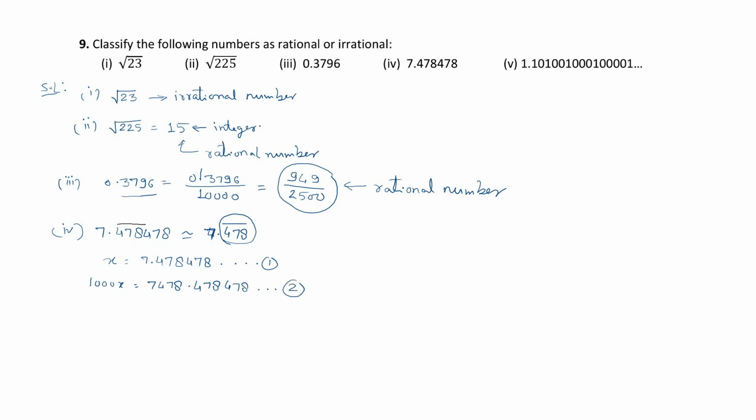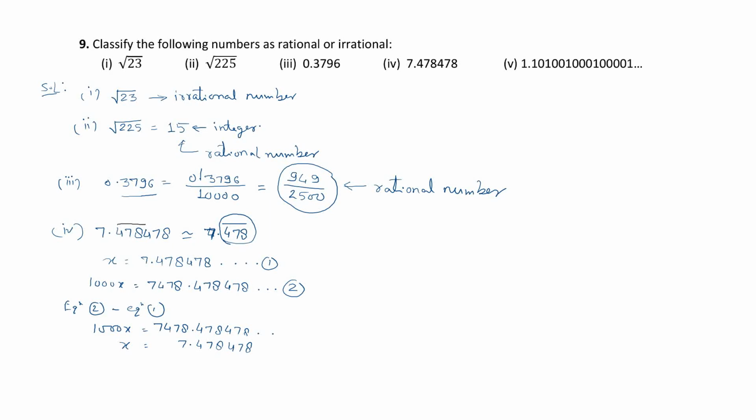Now we will subtract equation number 1 from equation number 2. So we write equation number 2 minus equation number 1. We get 1000 times x equal to 7478.478 and so on, and x is equal to 7.478478.